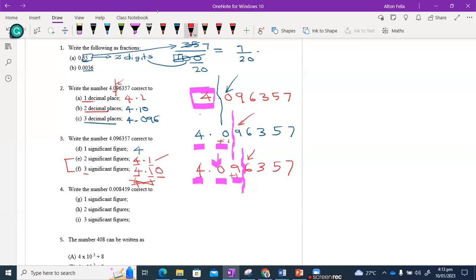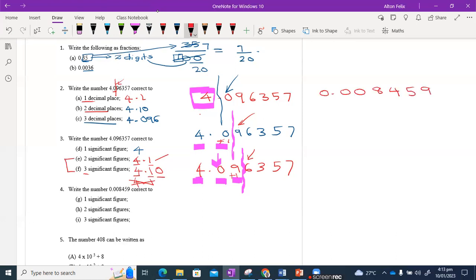Now, I've given you in question number 4 a similar question, but your number begins with some zeros, and this is important. Where you have a decimal number beginning with 1 or more zeros, you do not count the zeros when you are starting to count your number of significant figures, and I'll illustrate that.